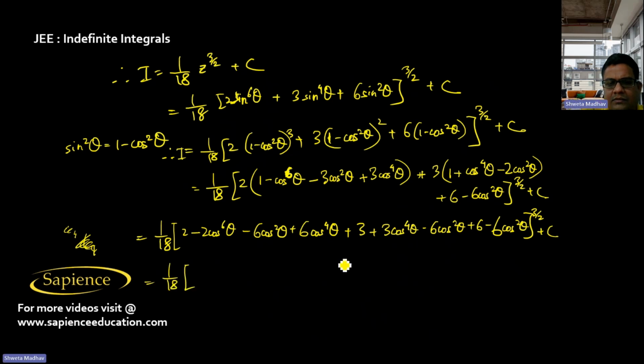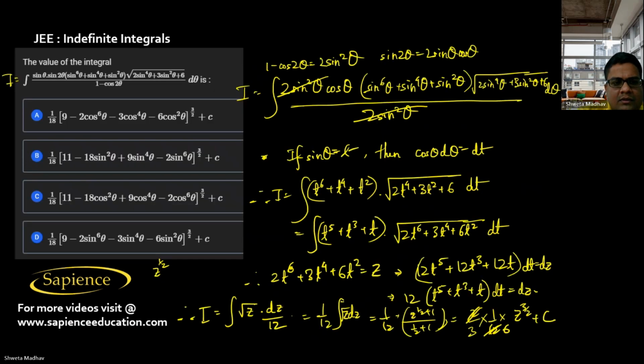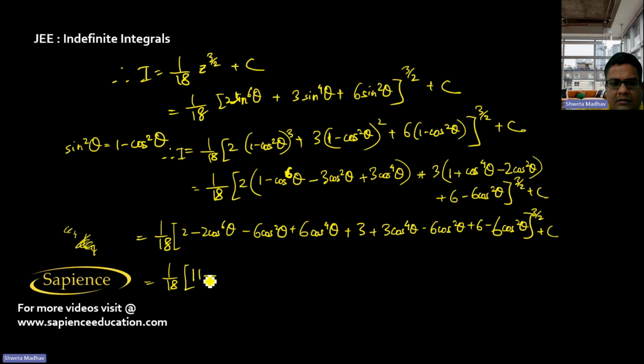So this will be equal to 1 by 18 of 2 plus 3 plus 6, that is 11, minus 18 cos square theta, plus 9 cos power 4 theta, minus 2 cos power 6 theta, whole power 3 by 2 plus c.